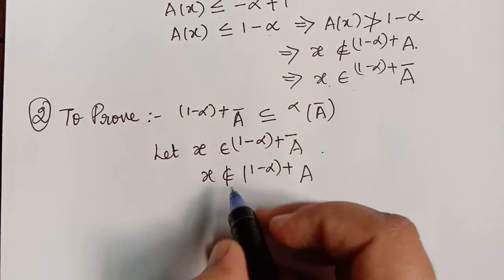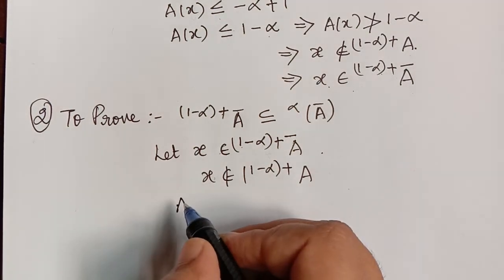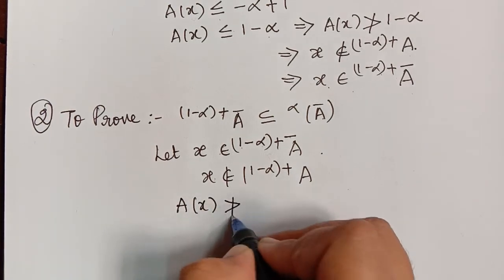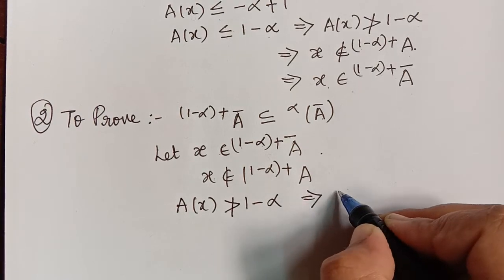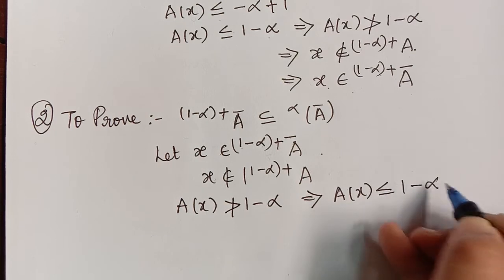So if it is not an element of this, then we can say that A of x is strictly not greater than 1 minus alpha, and from this we can say that A of x is lesser than or equal to 1 minus alpha.